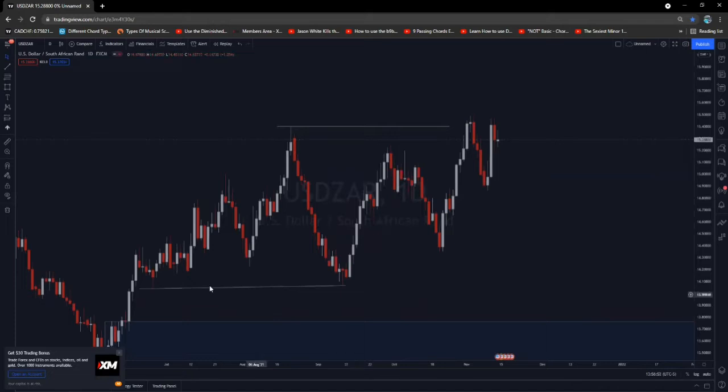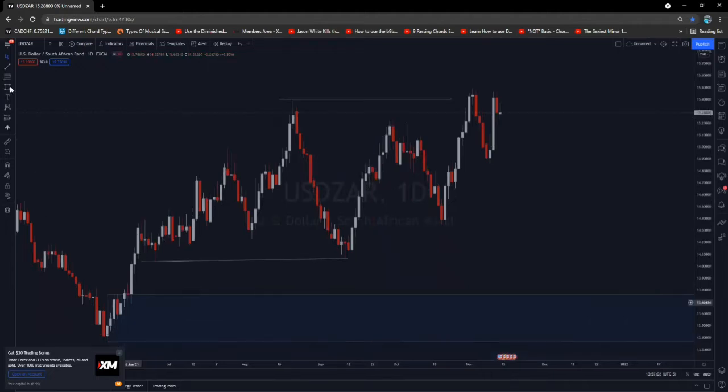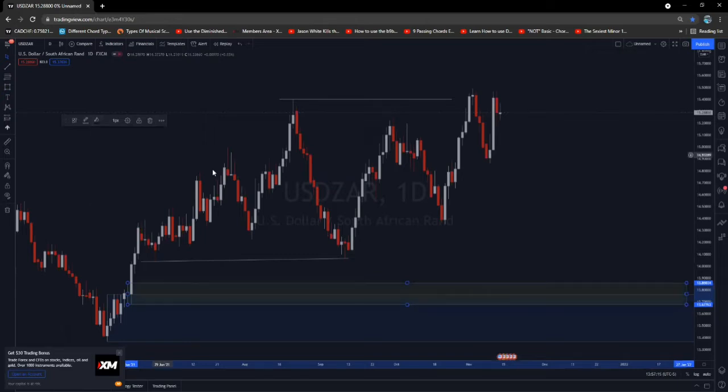So this is the situation on the daily. We took an order here, now the market is here. The weekly demand is here, and the demand that's within that area is here. So this is the ultimate discounted area, right? Now on the daily, we have this order block here, area of demand.